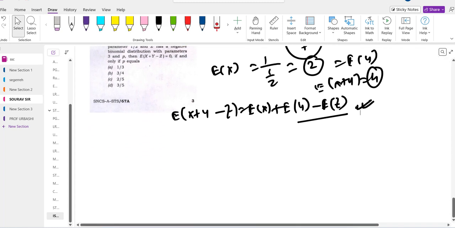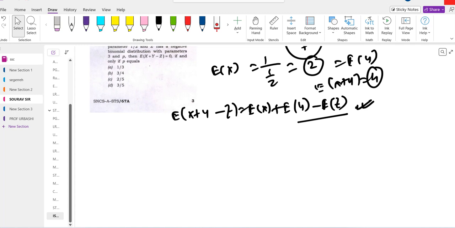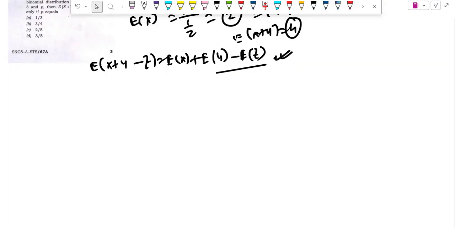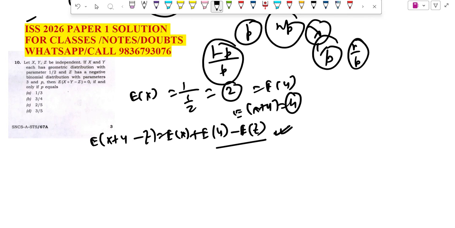Now expectation of z. So here what you can do is this. z is equal to negative binomial.